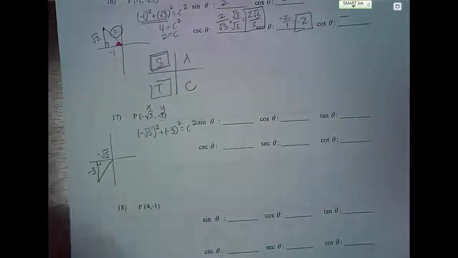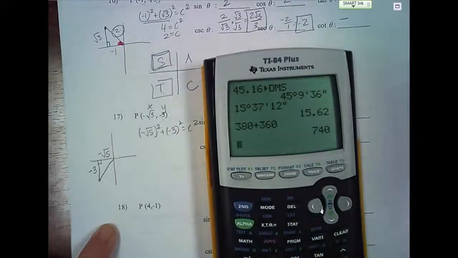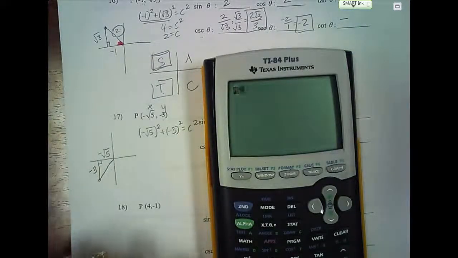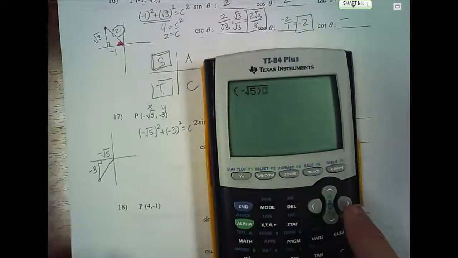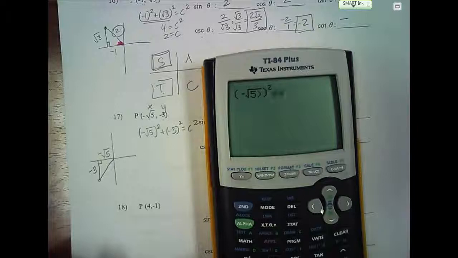If you're choosing to use your calculator, you can. I would open my parentheses, negative root 5, close parentheses, square it, plus, open parentheses.